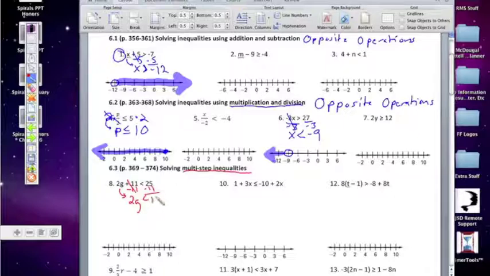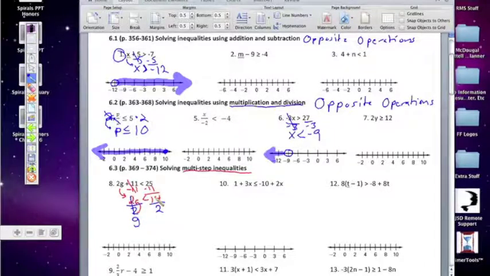14. At this point, I have my next step, so I'll do that in a different color, showing that we did 2 steps. How do I get rid of multiplying by 2? Divide by 2. What I do to one side, I do to the other. This will cancel those 2's, which leaves me with my variable.